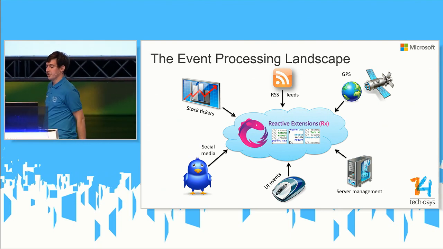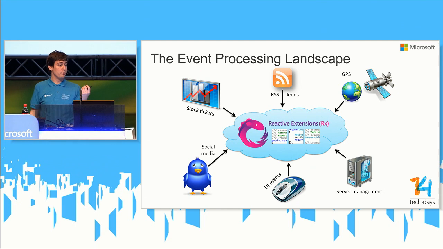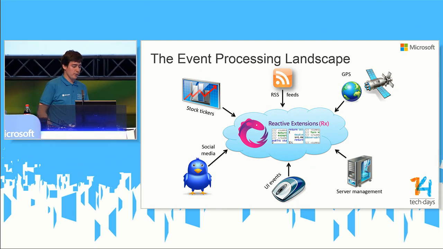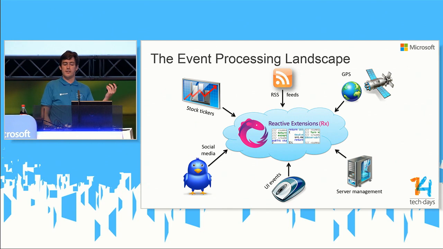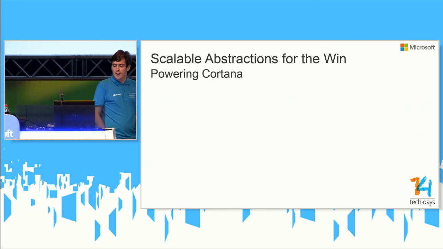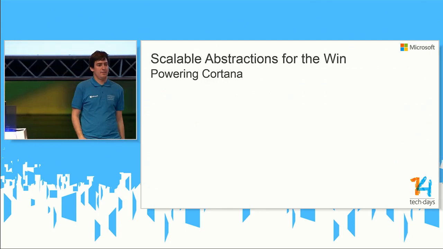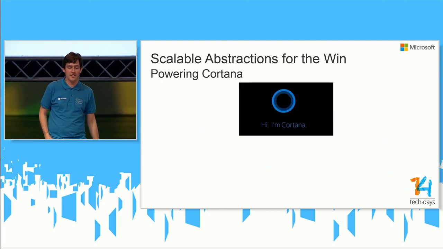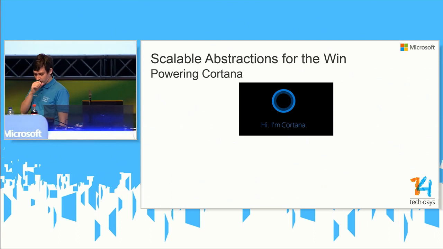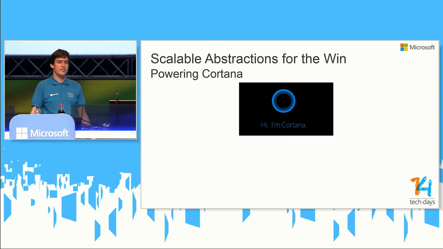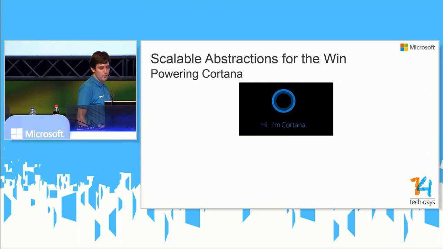And that last one is actually quite realistic, because for the work I've been doing over the last couple of years, we're dealing with large-scale data processing feeds in the cloud in Bing. And that's where, finally, I can tell that for the last year and a half, I've been working on this donut-shaped action figure called Cortana, which is the personal assistant that's coming to Windows Phone.